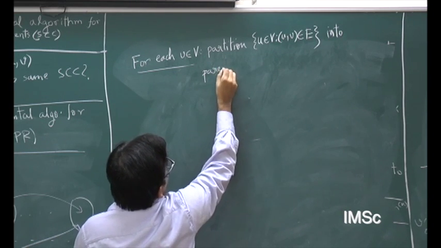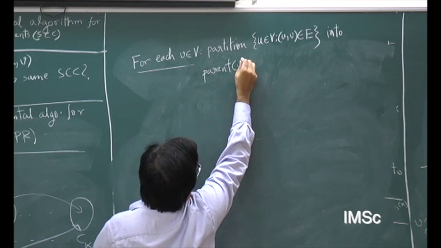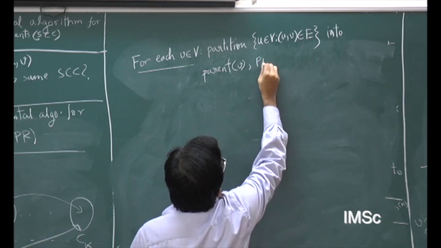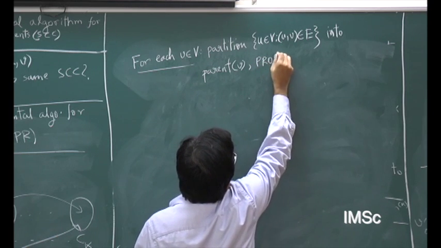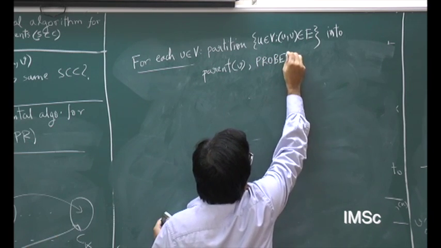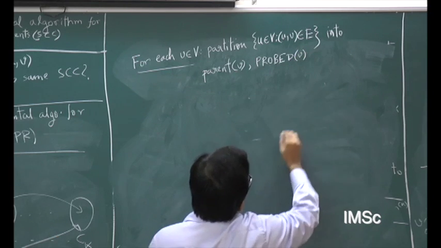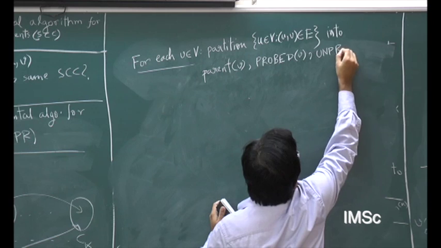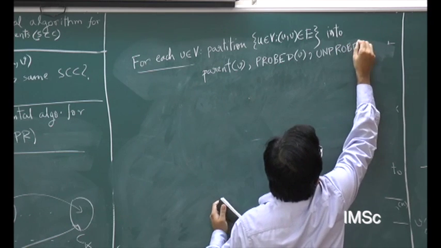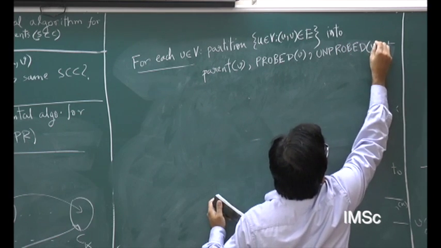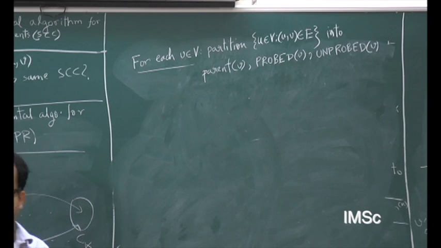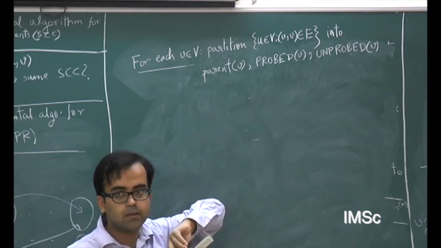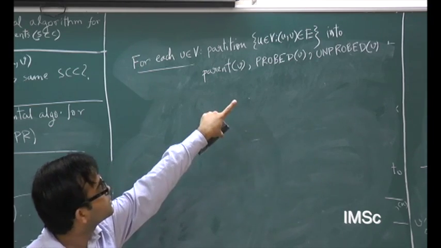One is the parent of V, this is the parent of V in the tree if it exists. Otherwise, we say that it is probed, these edges have already been probed. And these edges have not been probed. Then, these are the in edges.